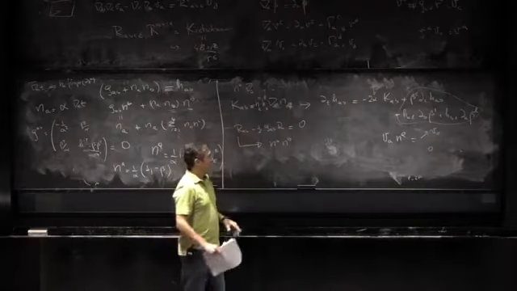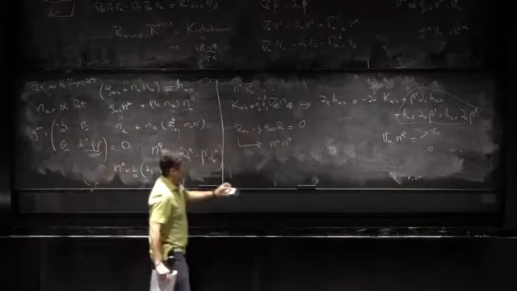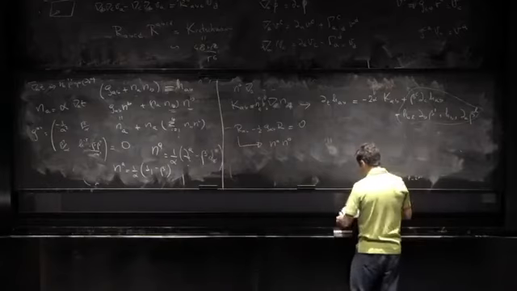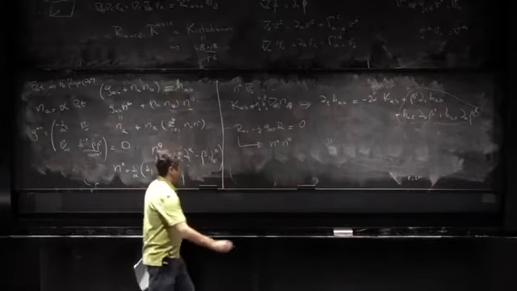If you do that, you're going to get something, and I'll tell you how, but let me just give you the punchline, and you're going to get the so-called Hamiltonian constraint.